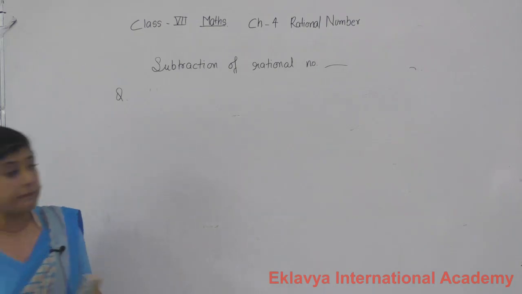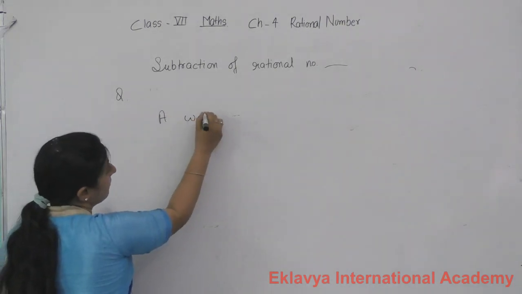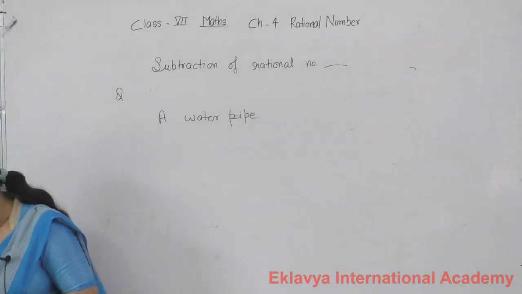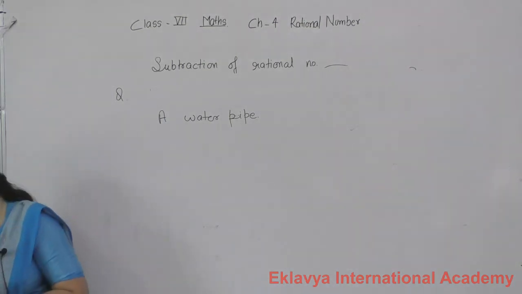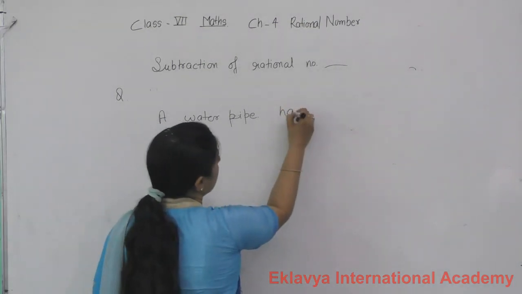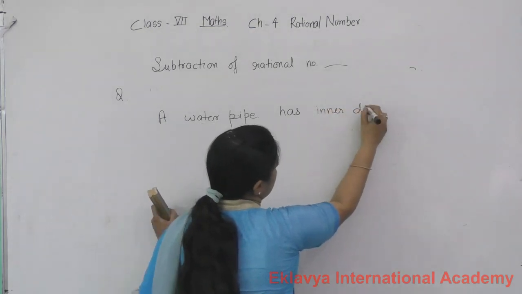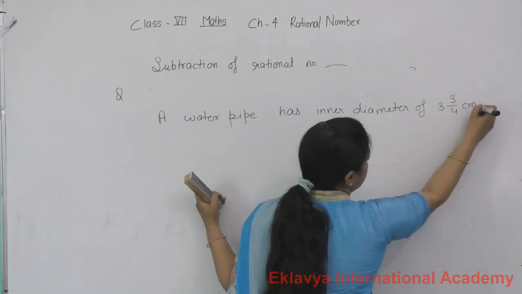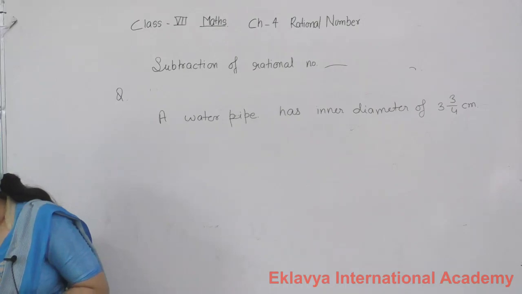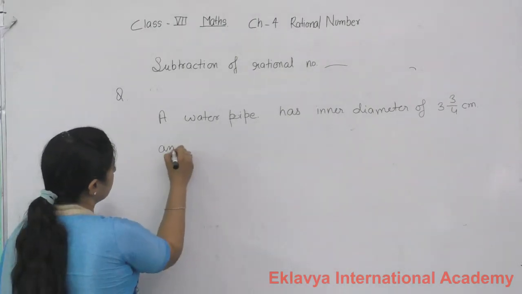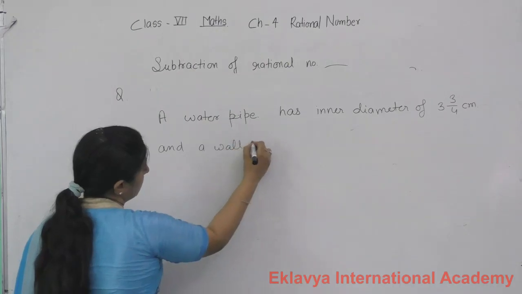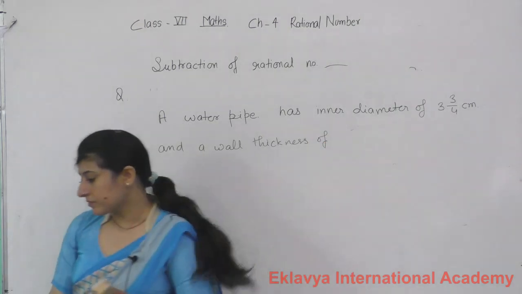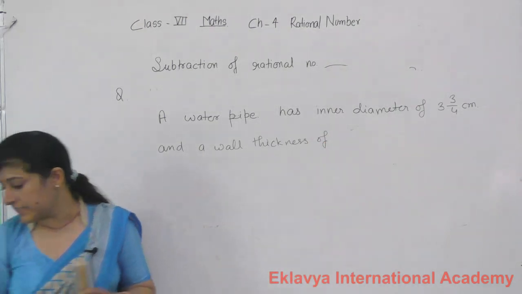A water pipe has an inner diameter of 3 by 4 centimeter and a wall thickness of 5 by 7 centimeter.